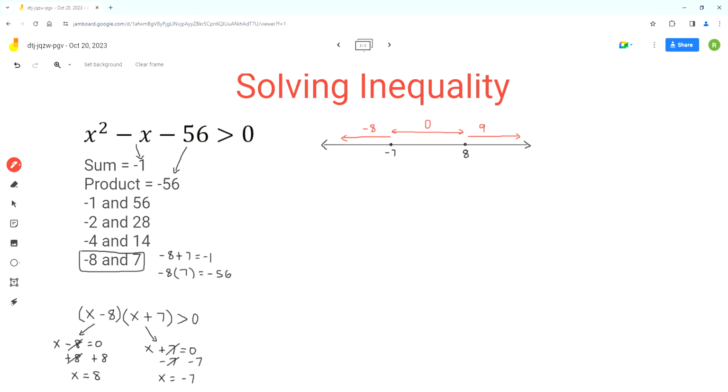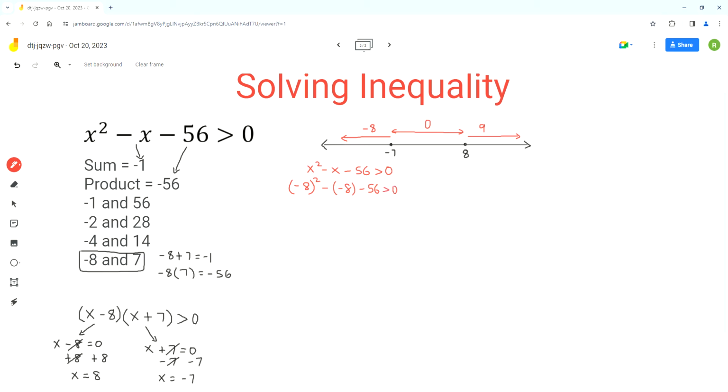So we'll sub in x as -8. The given inequality is x squared minus x minus 56 is greater than 0. So -8 squared minus -8 minus 56 is greater than 0.